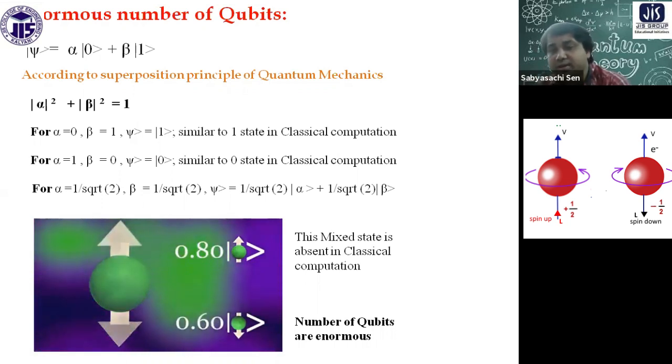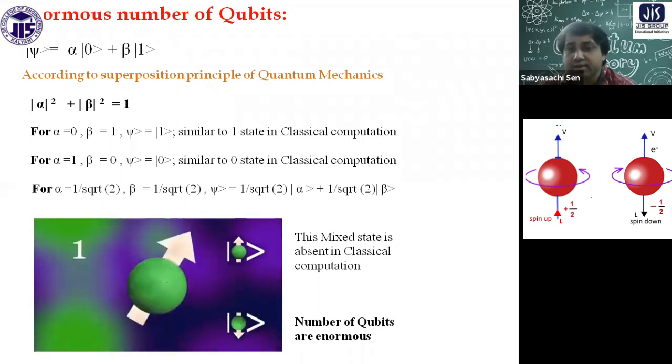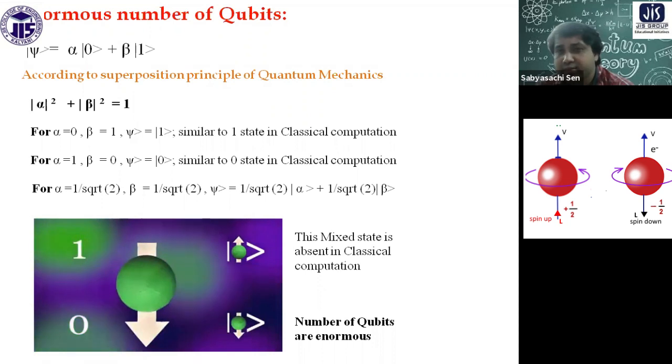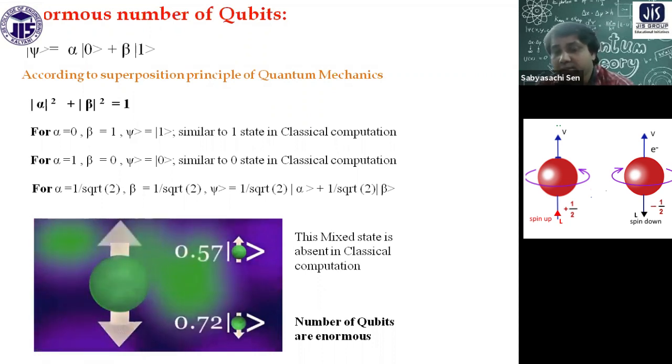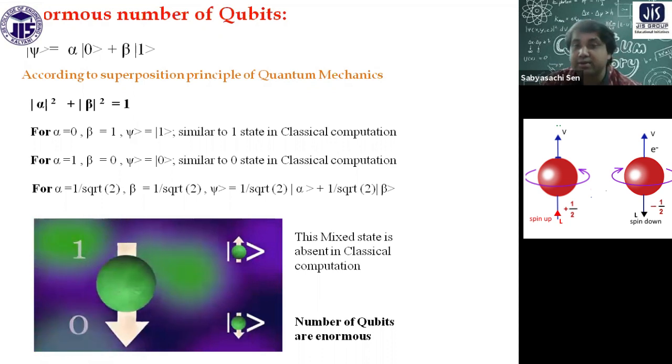Depending on the coefficients, you see it is changing. The spin vector is rotating. Spin state is the magnetic state. Today I will be highlighting that issue. That is the beauty of the discussion, that the number of quantum bits is enormously high.